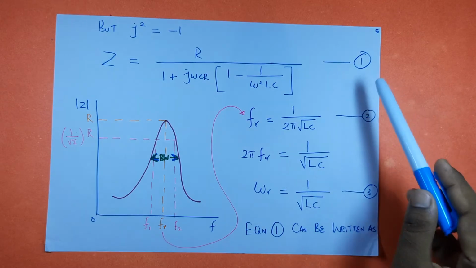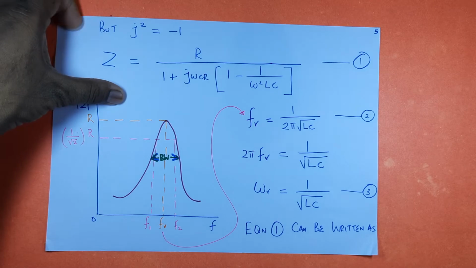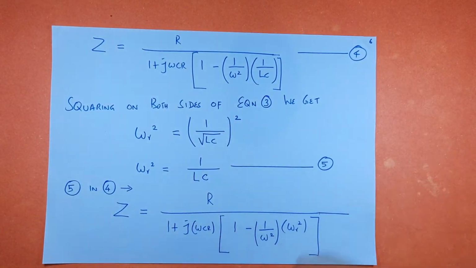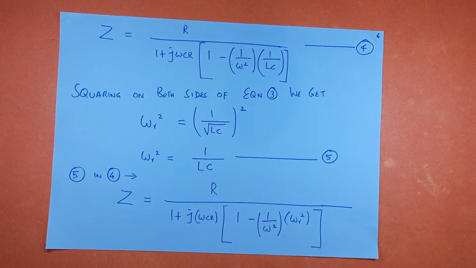Now equation number 1, you can just write like this, the same thing. Z equals R divided by 1 plus j omega CR into (1 minus 1 by omega square into 1 by LC). This you can call equation number 4.